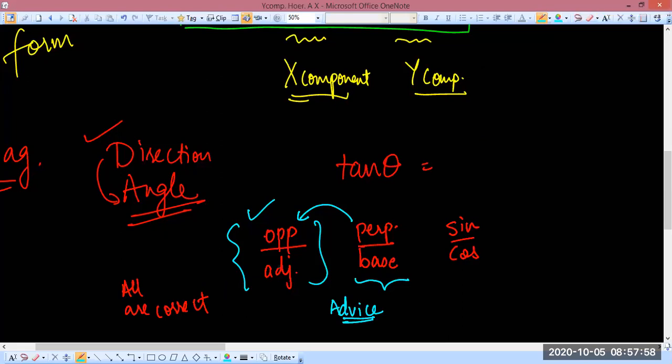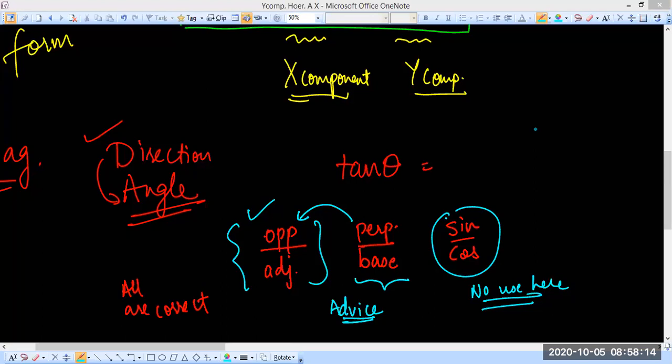Okay, now some of you said sine upon cos, it is correct, but it is of no use here, right? In this particular situation, it's of no use here, so we will not use it, right?